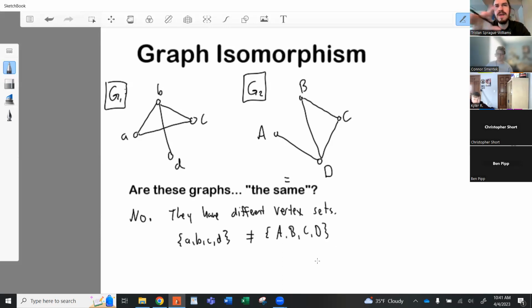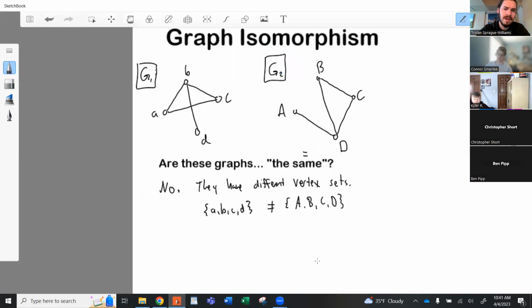But even if we consider them to be the same vertex sets, like even if the lowercase letter a is the same as the capital letter A, they are arranged differently, right? So these two graphs are not equal, because in order for two graphs to be equal, they have to have the exact same vertex set and the exact same edge set.